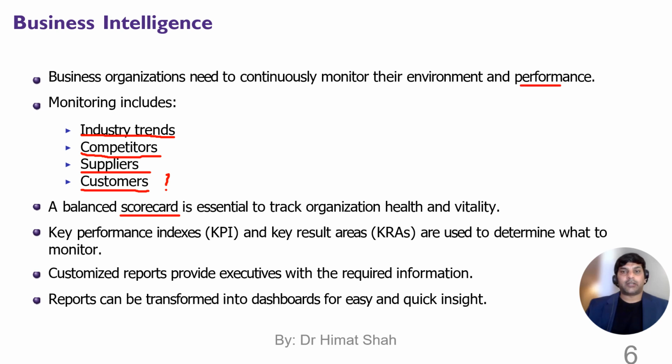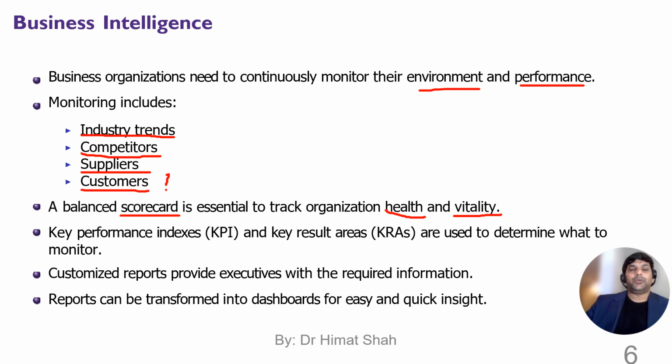They also monitor the performance and the environment for better business and planning for the future. So the scorecard tracks the organization's health and vitality, meaning how wealthy the business is and what the market value of the business is.